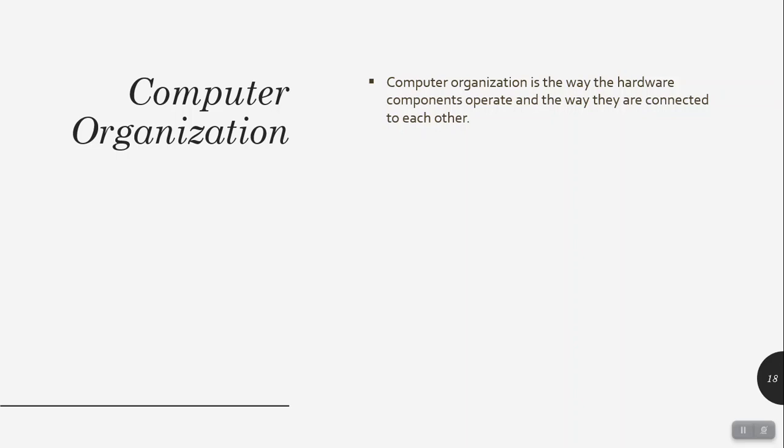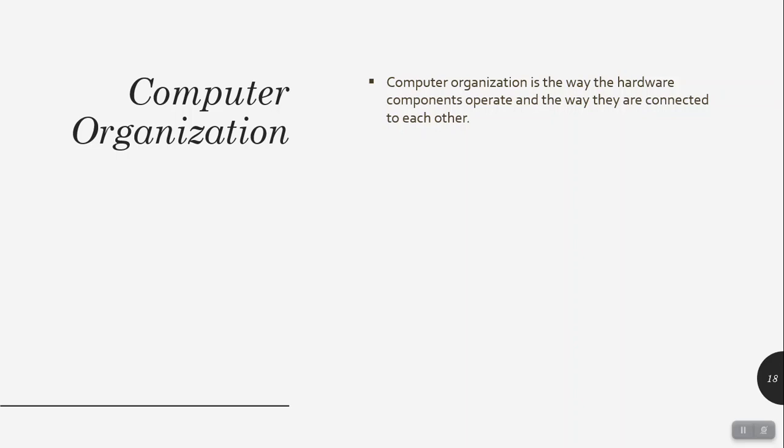So for example, in a computer organization, the input devices are the hardware that accepts the input. And then of course the processors are the ones that process, and the output devices are the ones that generate the output or display the output once the information from the users is processed by our computer.